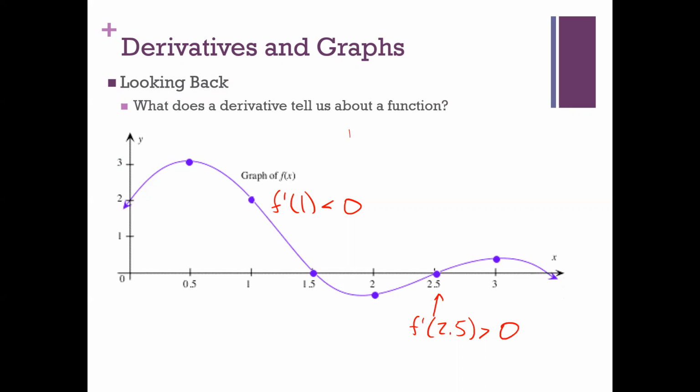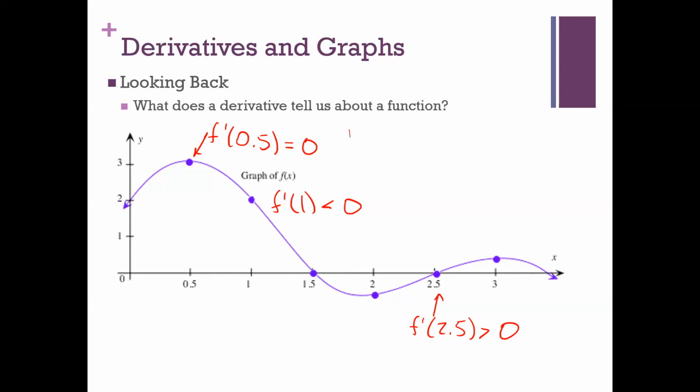Is there anywhere on here where the derivative is equal to 0? Where would that be? 0.5 and 3. Why is the derivative 0 when x equals 0.5? Because it doesn't look like at that point the y value is going up or down. Right. And in the language of things we've just gone over, what kind of point is f of 0.5?